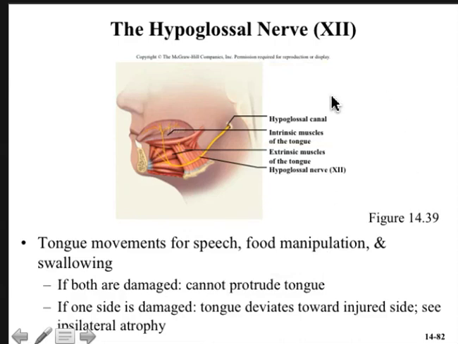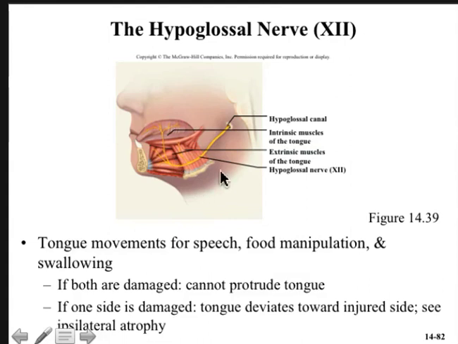Notice that the nerve exits from the brainstem through the hypoglossal canal and innervates the intrinsic and extrinsic muscles of the tongue, and as a result, it's primarily a motor nerve, although again, it is receiving sensory information from muscle spindles that are resident in each of these skeletal muscle tissue masses.